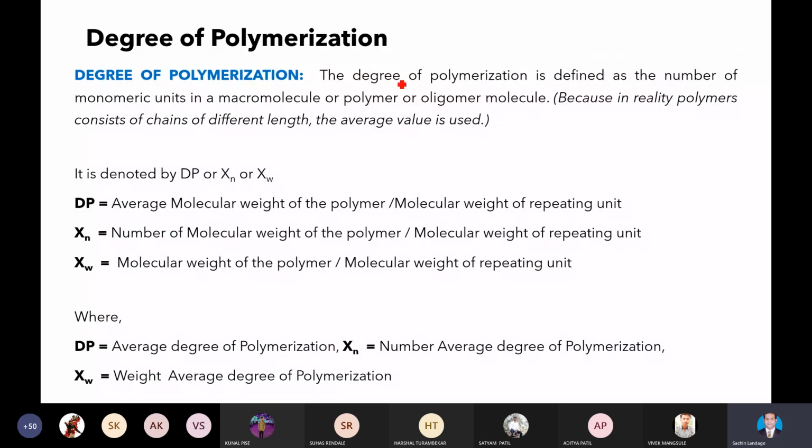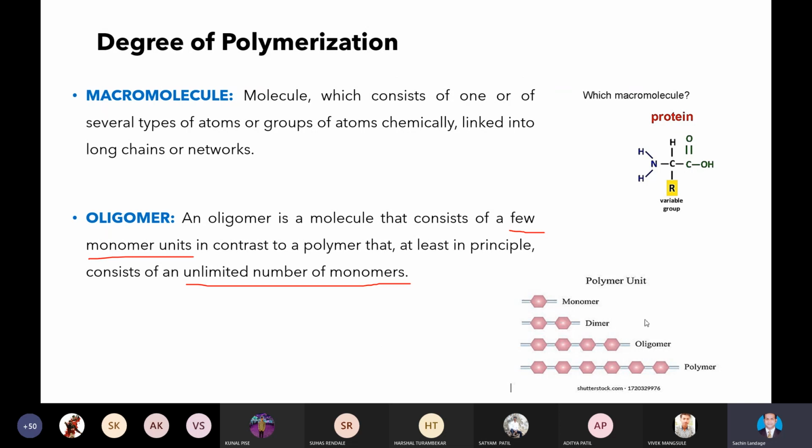So the degree of polymerization is a definite number of monomeric units in a macromolecule, polymer or oligomer molecule. And because in reality a polymer consists of chains of different lengths, the average value is used. Whenever you carry out manufacturing, it is not necessary that we always get a fixed DP, for example 1000.